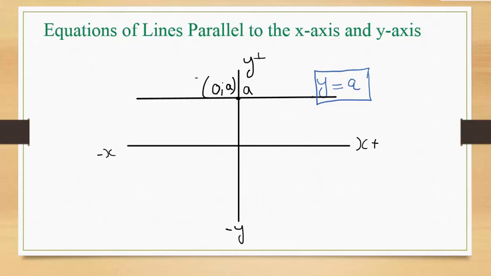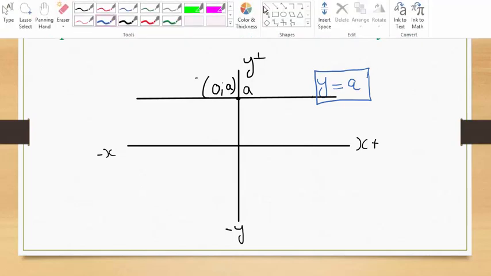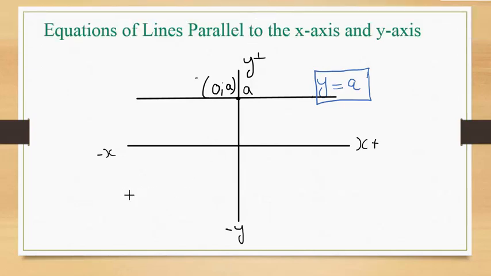Now what if my line is parallel but on the bottom side? Say if this is the line, then what will be its equation? Now this point may be, say, (0, -b), then we say that the equation is y equals -b.